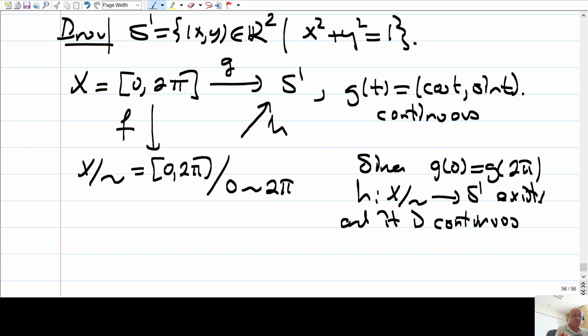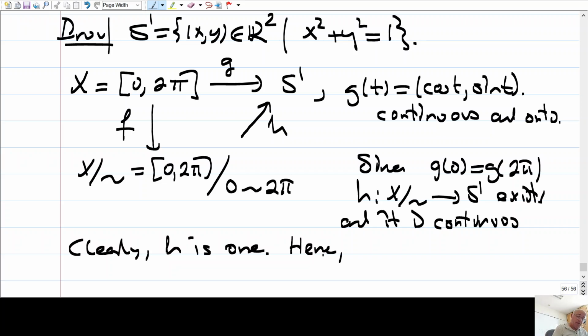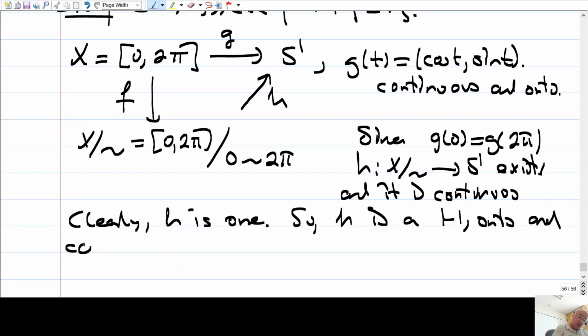Therefore, this became one-to-one. So clearly, h is one-to-one and onto. Hence, h is a one-to-one, onto, and continuous mapping.